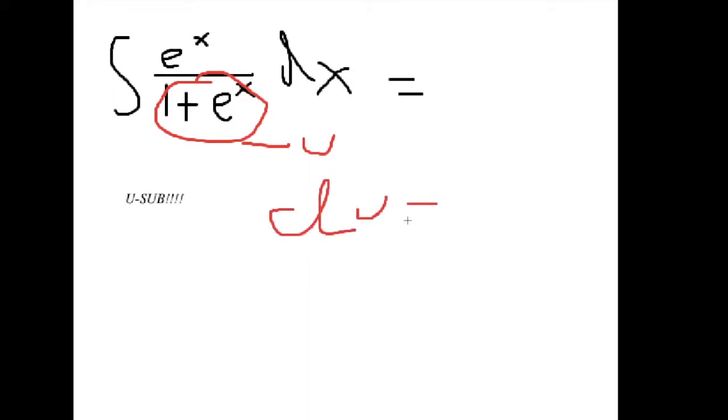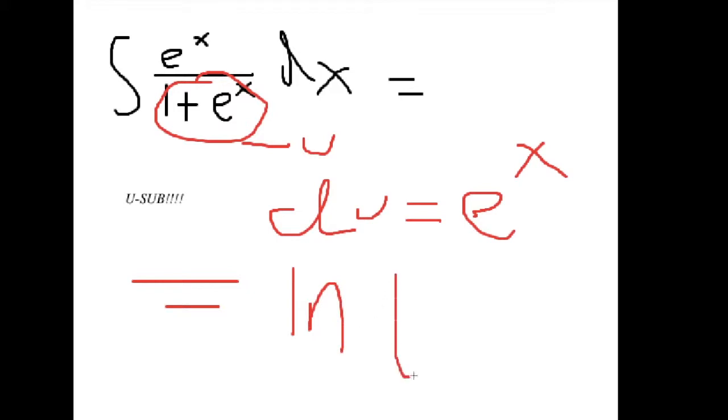So the final answer would be ln of 1 plus e to the x plus c. The plus c is usually given on the multiple choice. I don't think that there's ever been a question that I've seen without the plus c given in one option and given in another option. But that is the answer for that.